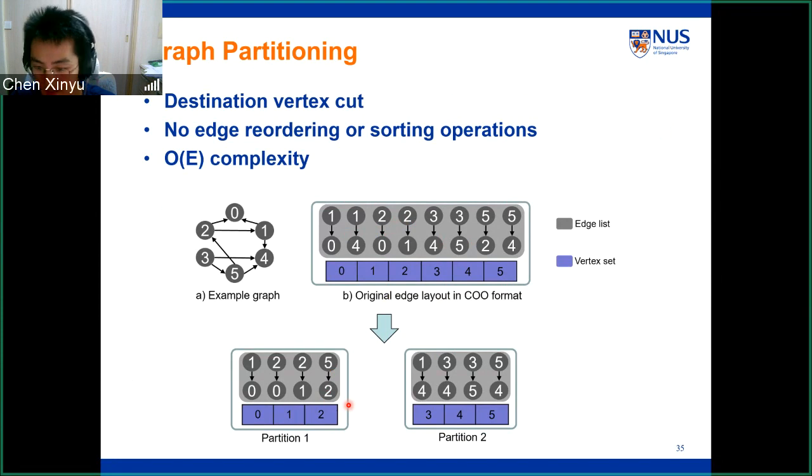We're just padding some dummy edges if the partition is not aligned. This cost is very small because only the last chunk, maybe the last few edges, are not aligned. You just pad some edges, it should be fine. Then you can load in a batch on your hardware side.